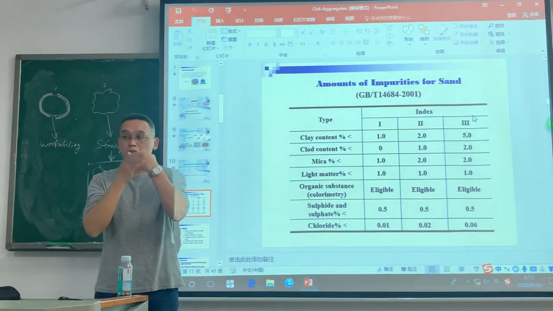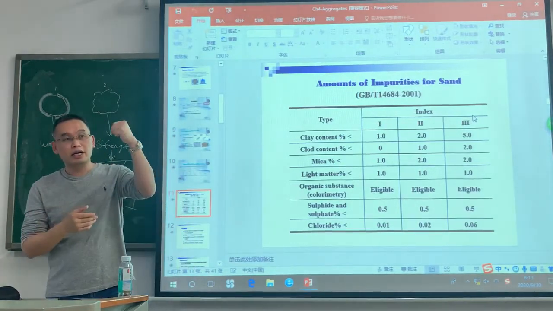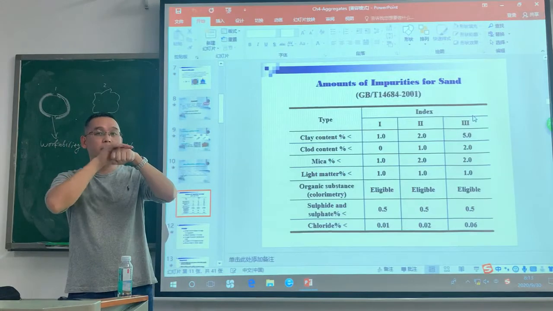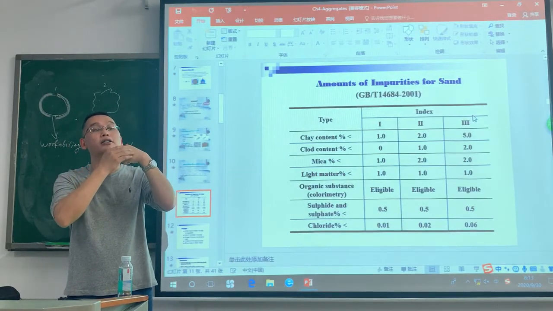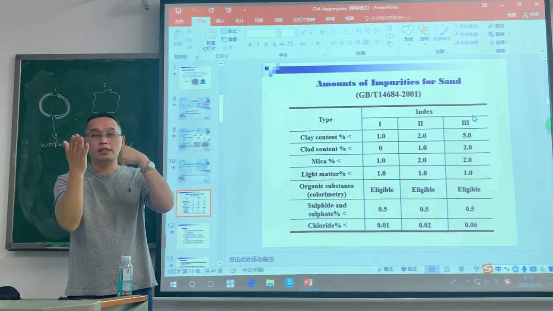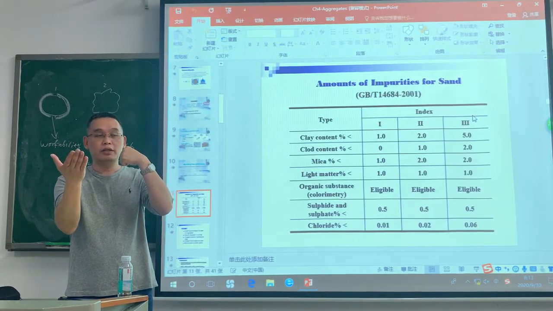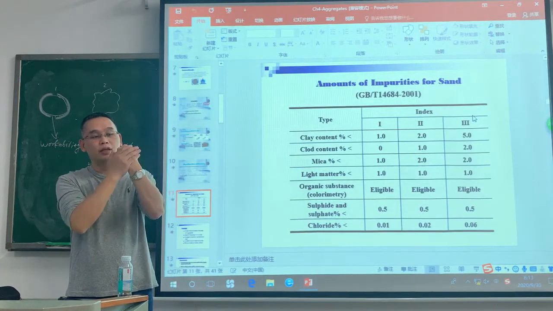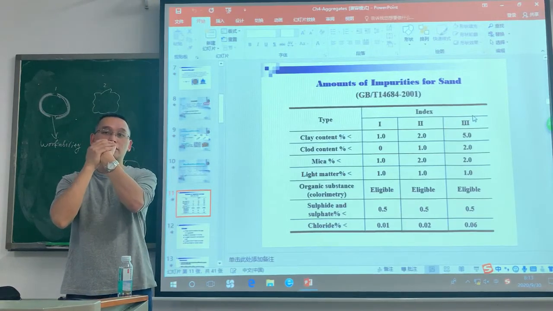Just like this one. This is the aggregate, and it is very clean, so there is no dust on the surface. And this is the cement paste. When they contact, the bond is very good.